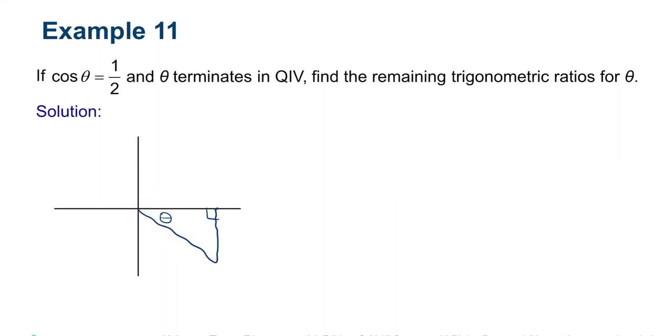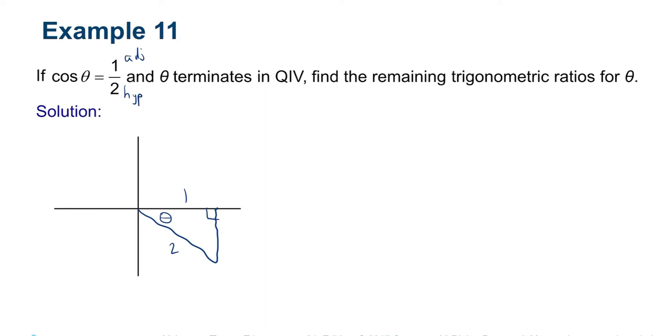You just want to make sure you're in the correct quadrant. Now we know that cosine is adjacent over hypotenuse. So adjacent would be 1, adjacent to the angle, and then hypotenuse is 2.